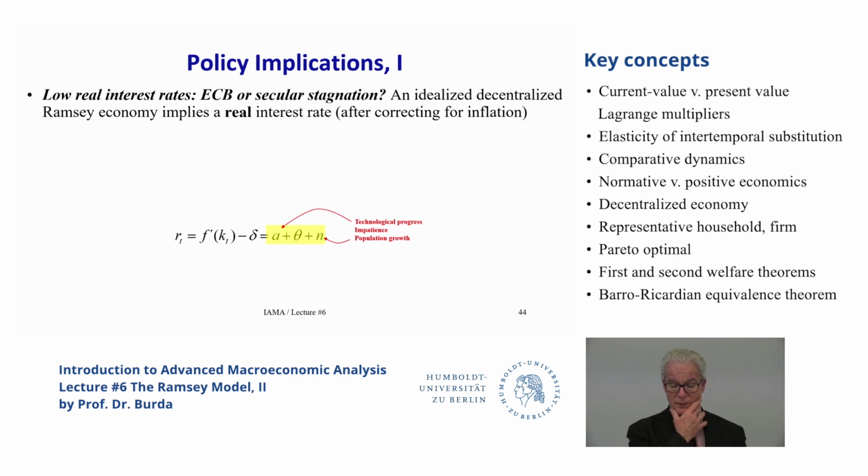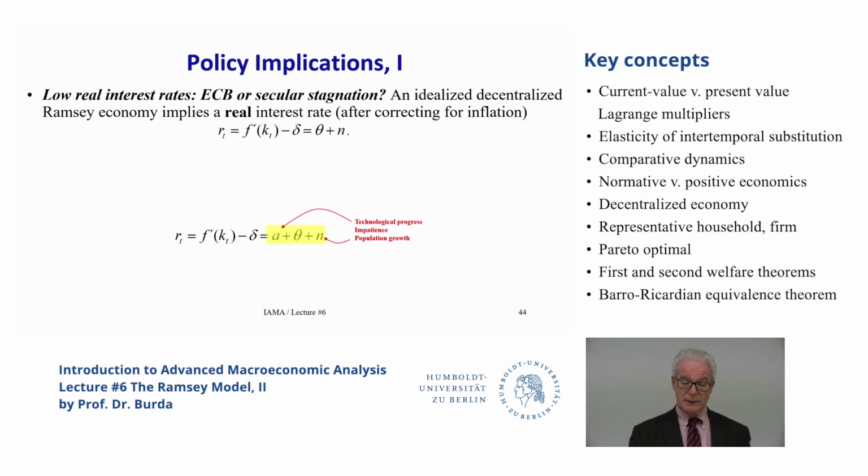Okay, so if technical progress were to turn negative for some extended period of time, that would be an easy one to grab, but it's very unlikely. Impatience, growing patience of the economy would mean a theta that's decreasing, and maybe even a theta that's decreasing a lot, and population growth could also theoretically go negative.